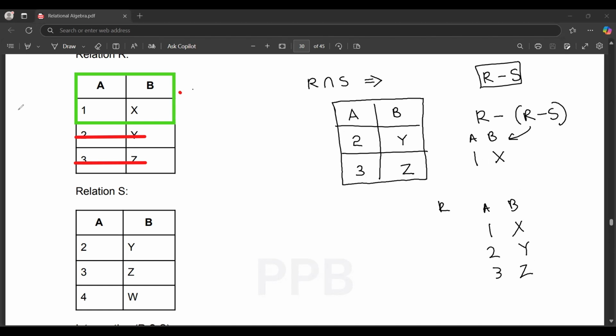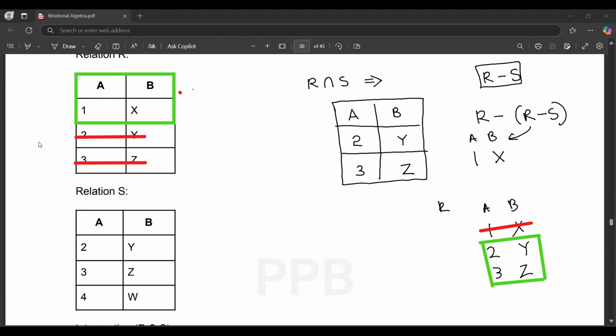Now we can apply set difference again. In that case, what does R have that is not present in R set difference S? Well, 2y and 3z are there. So the output will be these two tuples. This is how we come up with the intersection operation in relational algebra.